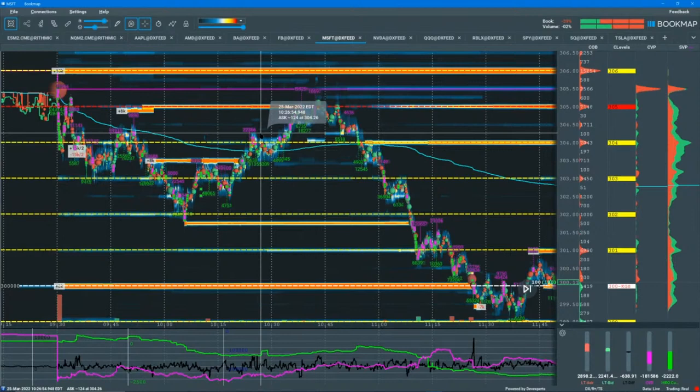Traders were buying calls, and then market makers are selling the calls. That's a negative delta trade, and market makers want to maintain a neutral delta. They're not looking for a directional trade.